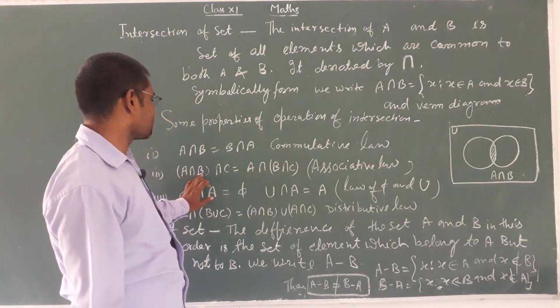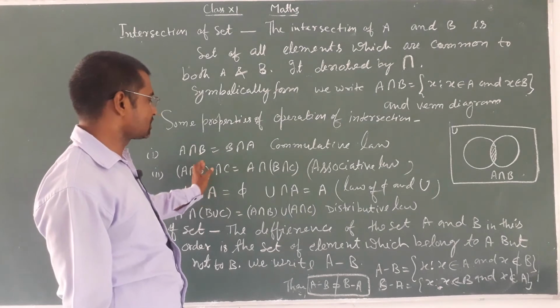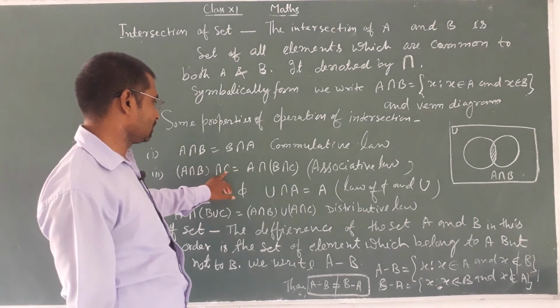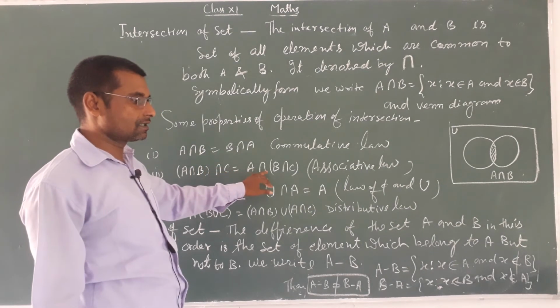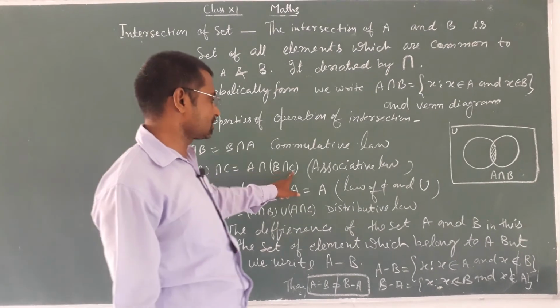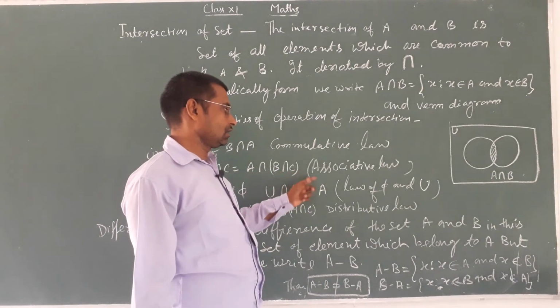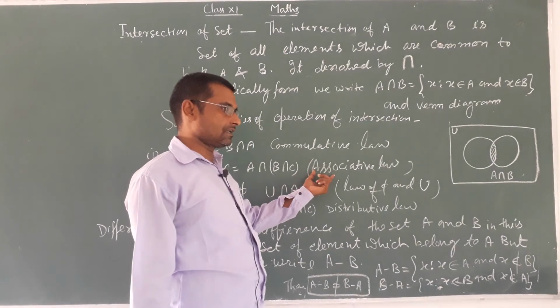And (A intersection B) intersection C is equal to A intersection (B intersection C). This is the associative law.